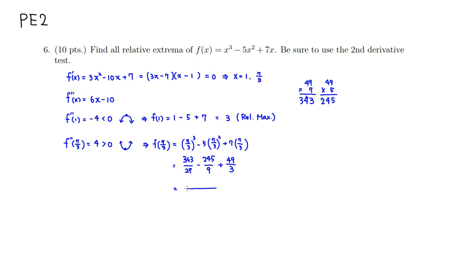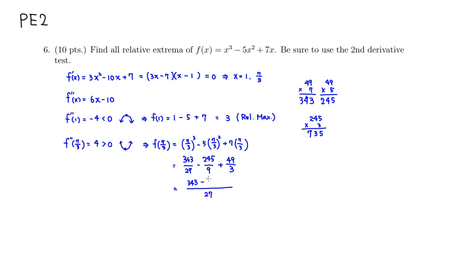So I'm going to take the common denominator, 27. So you have 343. In order to go from 9 to 27, you have to multiply by 3. So we have 245 times 3. 3 times 5 is 15, 3 times 4 is 12, so it's 13, and 3 times 2 is 6, so 735.